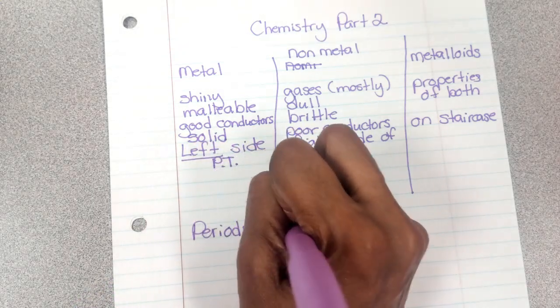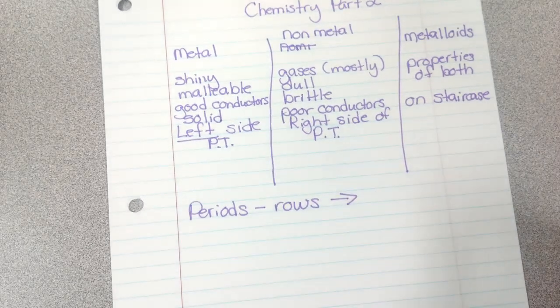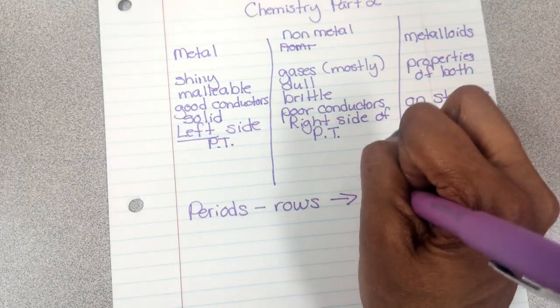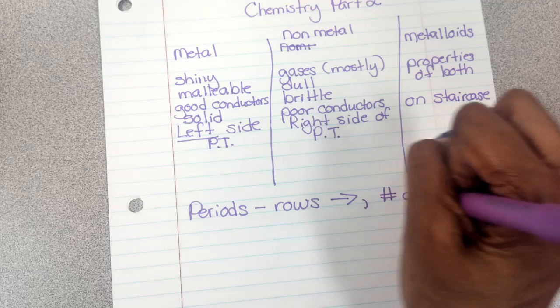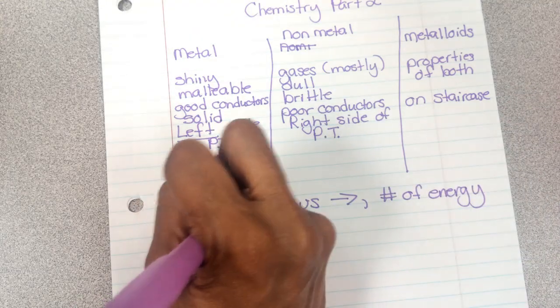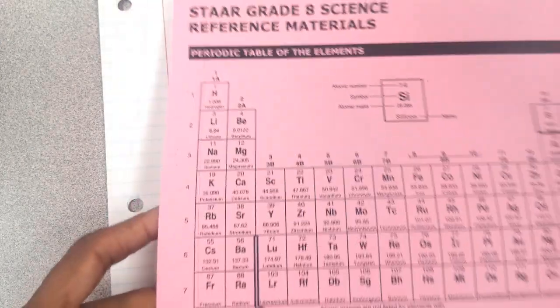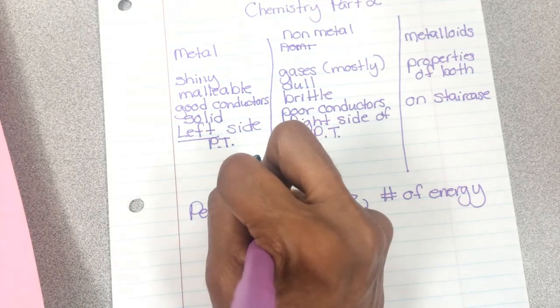So periods. These are the rows, and they tell you the number of energy levels. There are 7 periods.